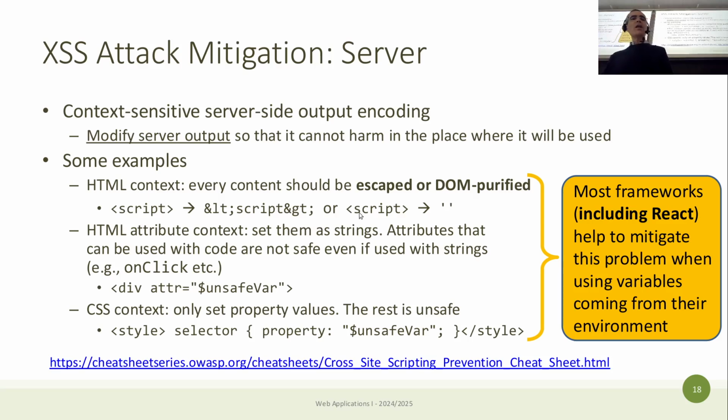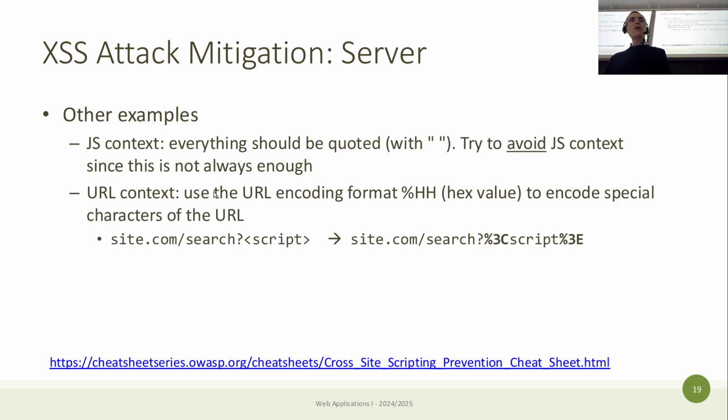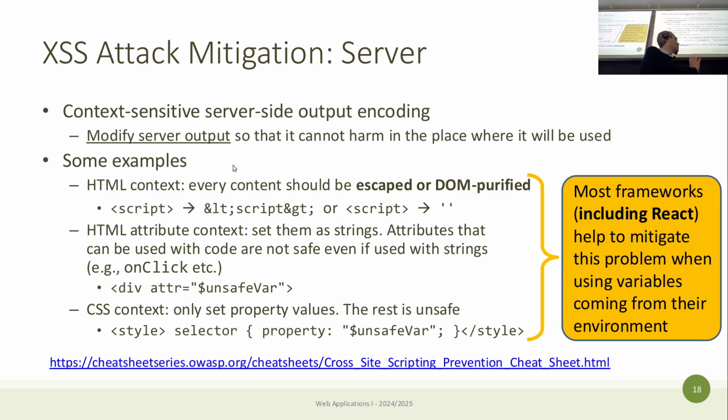Okay, and these are just examples. I mean, just to let you understand that it's a very complex task, and so that's why we will avoid, from next week, writing our own code in JavaScript to develop our web application, because we risk so many problems that it's probably not worth doing it manually.